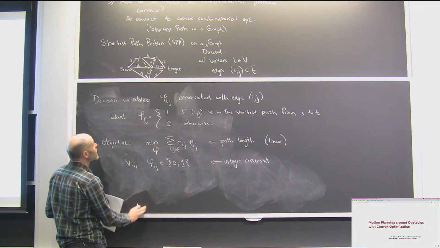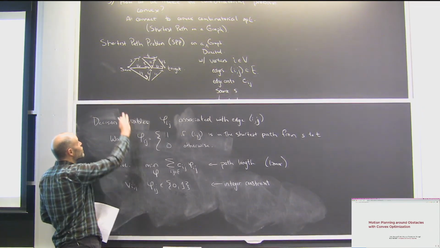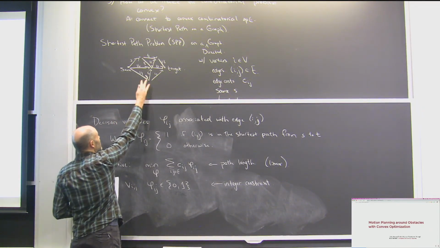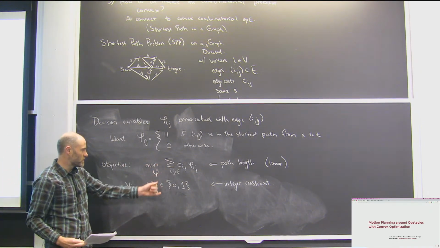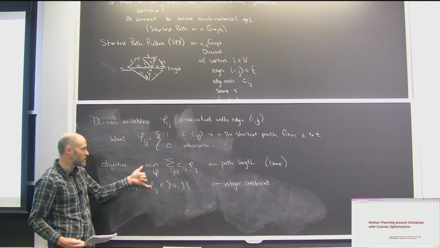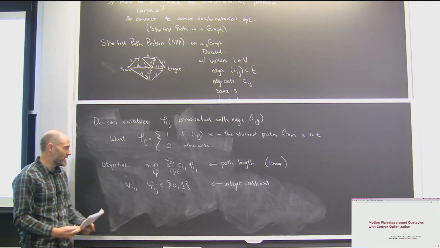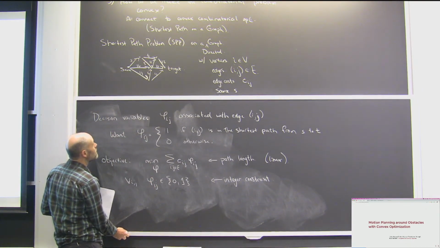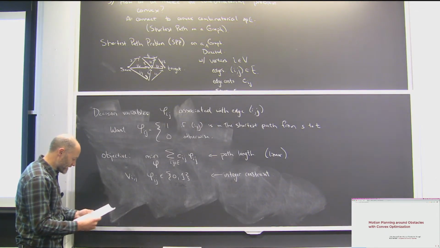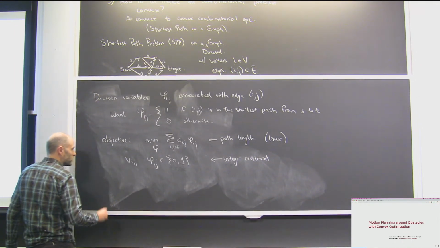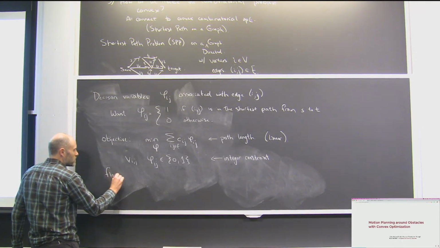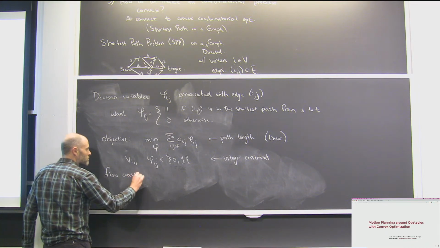Okay, and now I need something that denotes the connectivity of the graph. I haven't put anything in here yet that tells me where there are edges and where there are not edges, and somehow I need the graph connectivity to come in. And the way we're going to do it is with something called flow constraints.